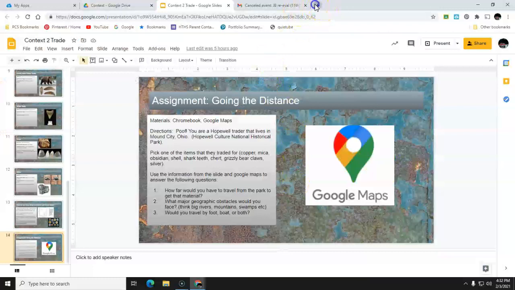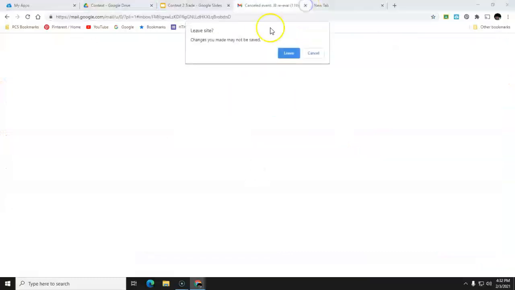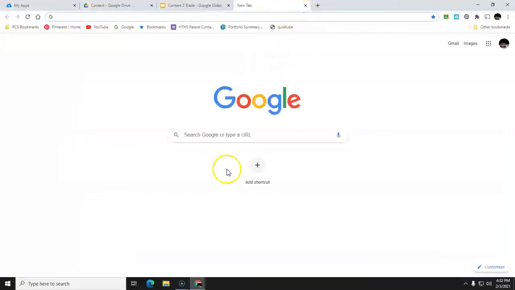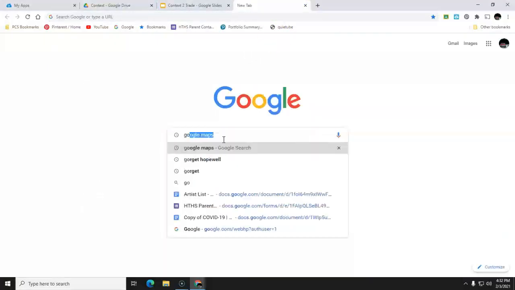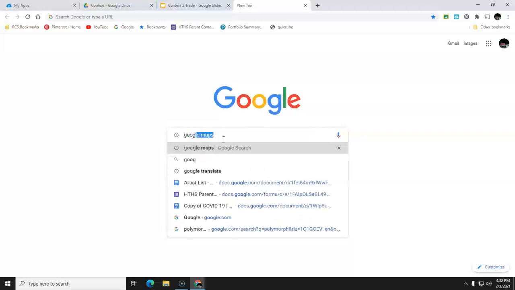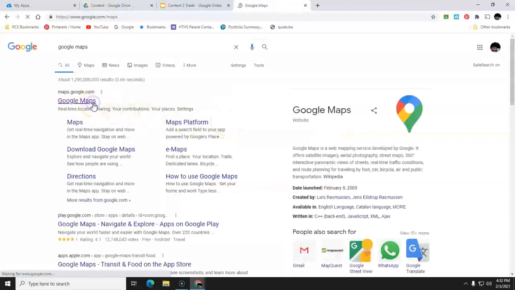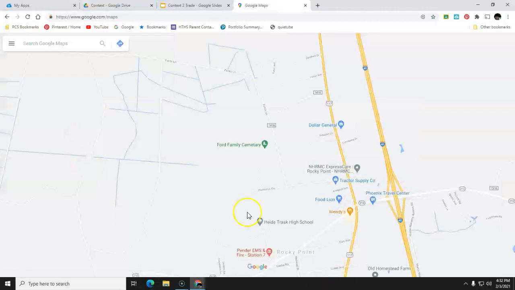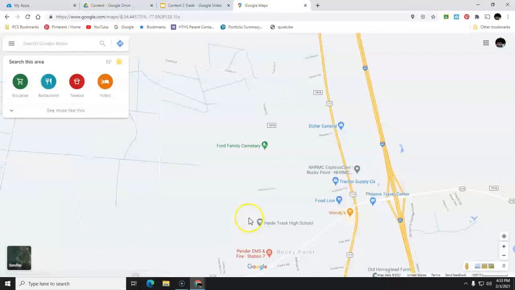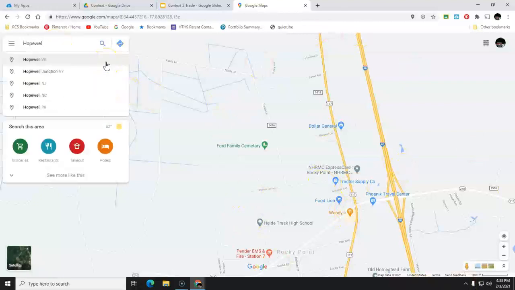So I'm going to go over here to Google Maps. And this is how we work this. It will pull up exactly where we are. So I'm going to put in Hopewell Culture National Historical Park, Ohio.